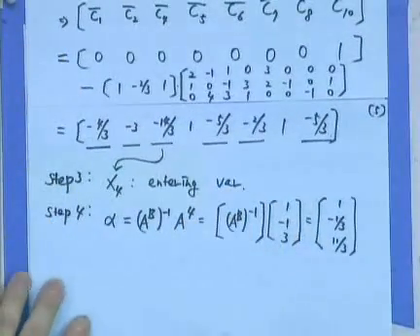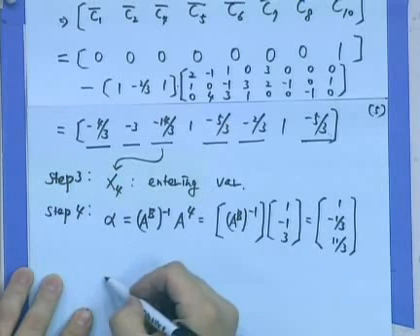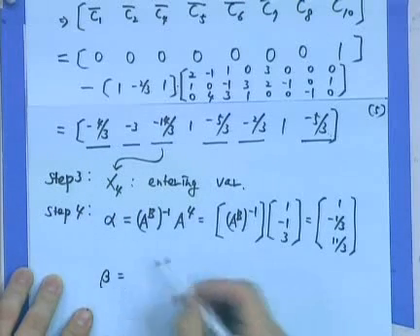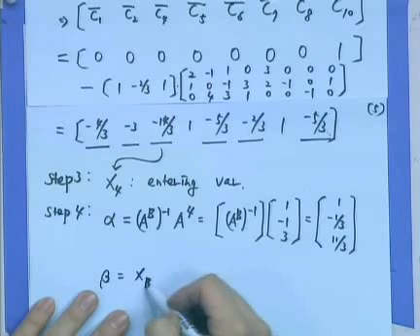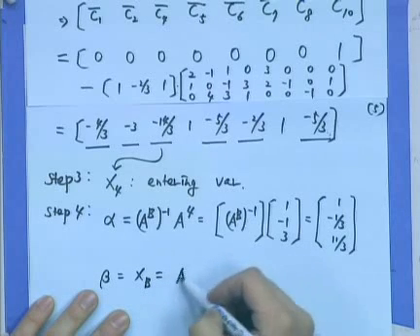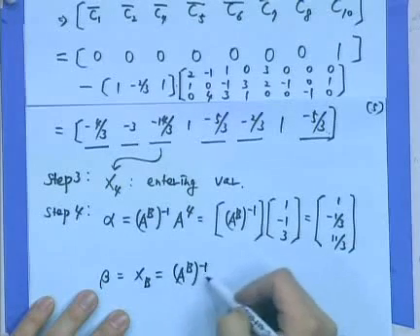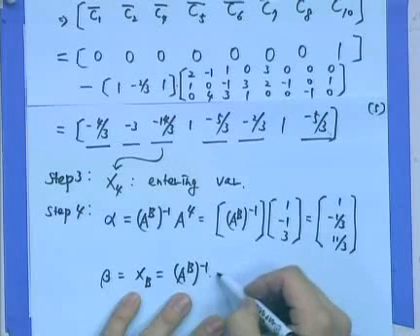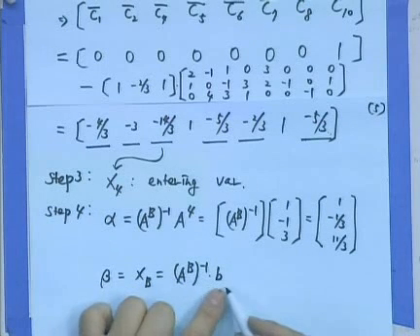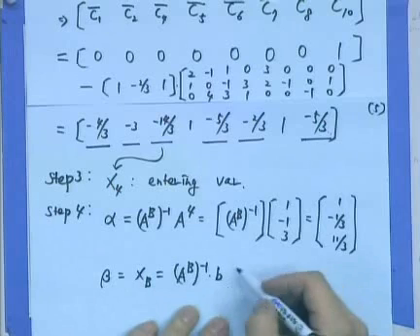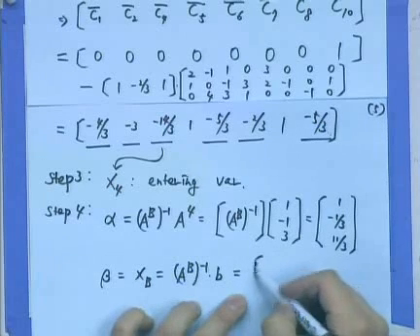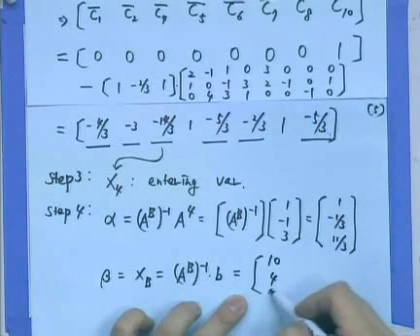And the right-hand side value, beta, can be obtained by the basis inverse matrix times the right-hand side value from the original table, right? It should be 10, 4, 7.